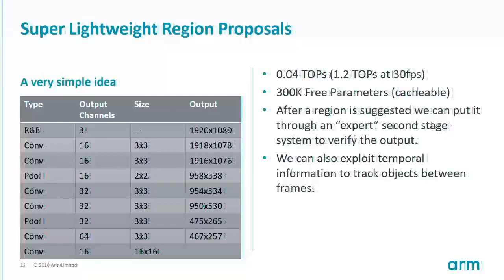And this guy is 0.04 teraops per HD frame, which is 1.2 teraops at 30 FPS, which is more than I'd like, but at least it's kind of reasonable. And we run this across the whole frame. This bottom layer of convolutions applies a simple classifier. And if something is seen there, then we'll send it to something more complicated to have a check.